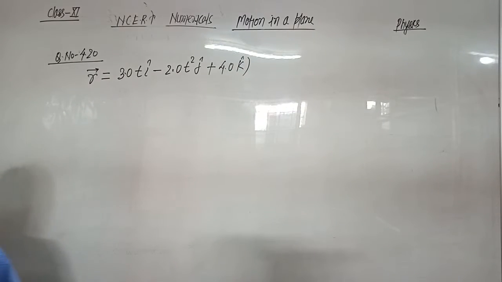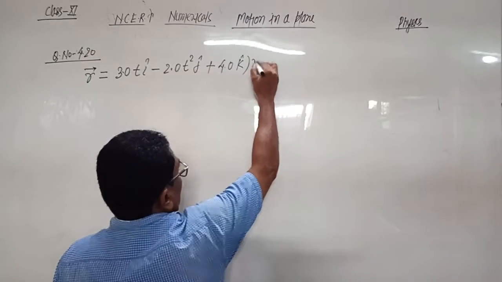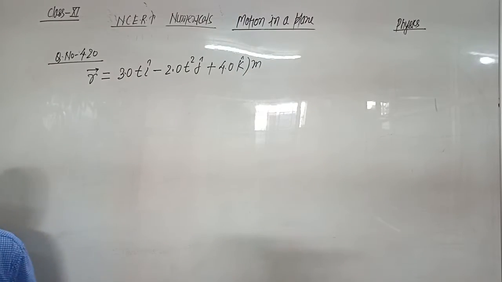This is the position vector of a particle in meters. So we have to find v and a of the particle.